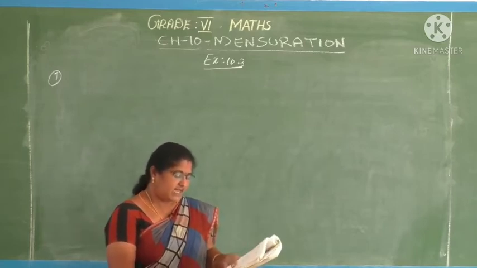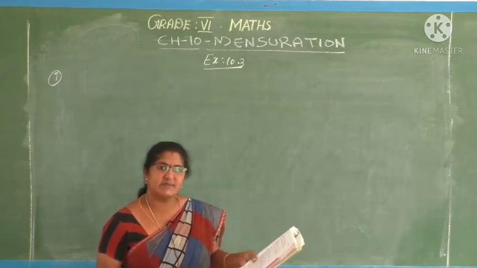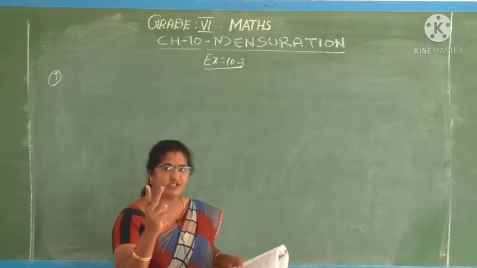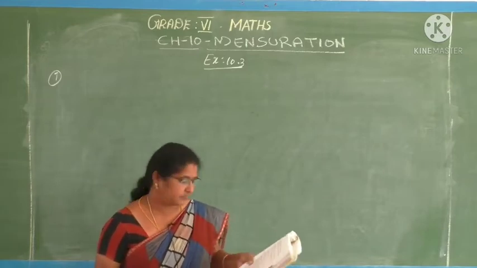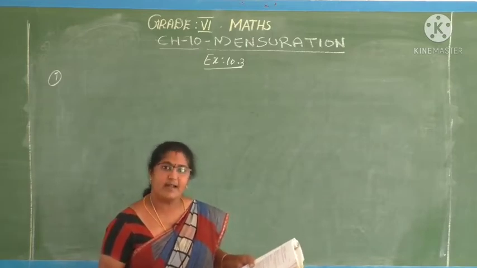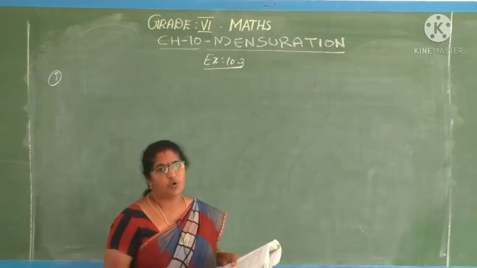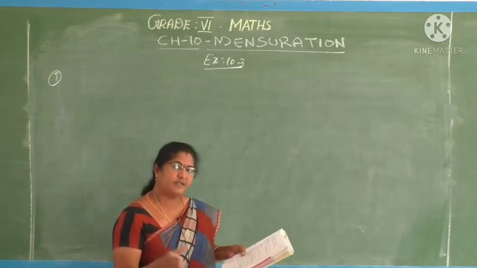See 7th question. A room is 4 meter long and 3 meter 50 centimeter wide. So here in this question they have given 2 measurements, 4 meter and 3 meter 50 centimeter. That means 4 meter long. Another one is wide. So what shape is the floor?